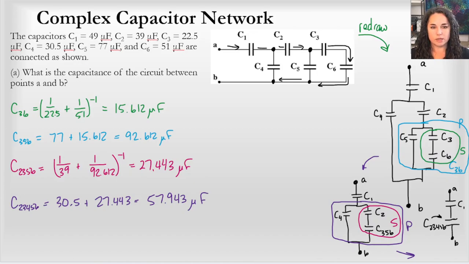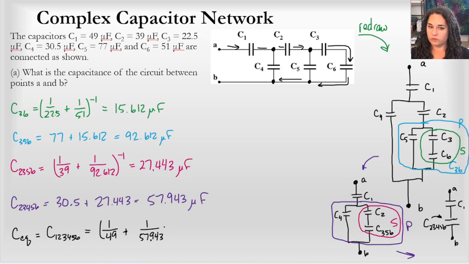We'll do our one more step over here if we want to find C equivalent, which is all of them added together, 1, 2, 3, 4, 5, 6. We have a series. We're going to have to do 1 over C1 plus 1 over C23456. So we'll do 1 over C1, which is 49, plus 1 over this number we just found, 57.943.